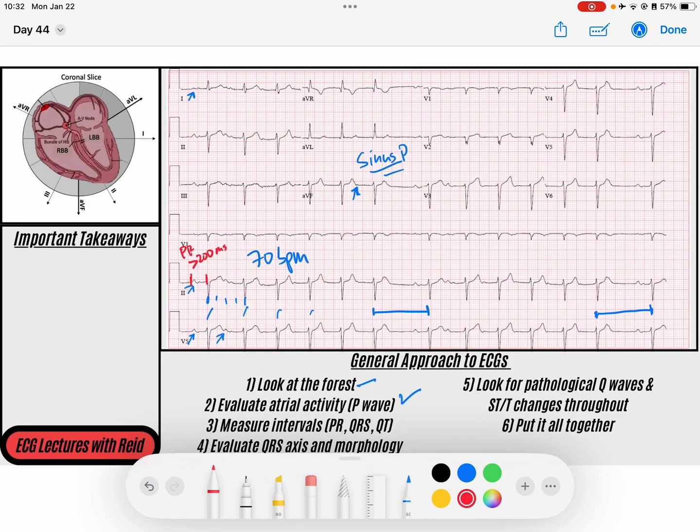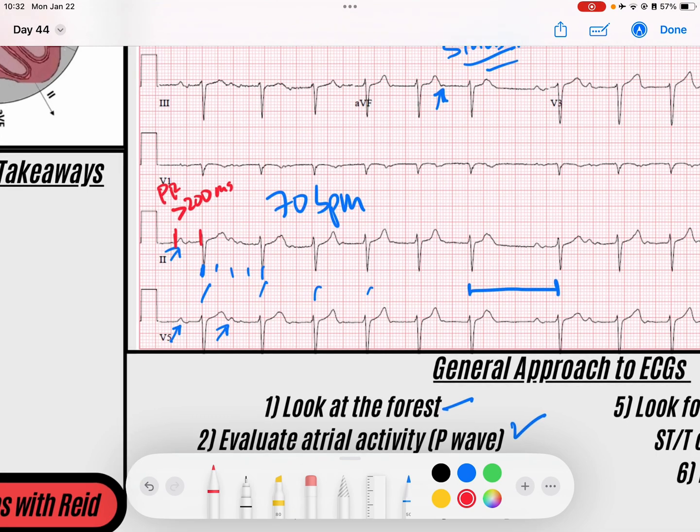But let's see what's going on with this entire rhythm. I'm going to look down here at this V5 strip. We've got this P that conducts to this QRS. We've got this P that conducts to this QRS, but notice the PR interval got longer.